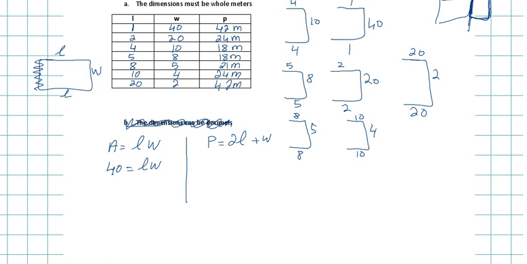So W is going to be in terms of L. If I do 40 divided by L, it gives me W, right? You agree with that? I'm going to place 40 divided by L instead of W in here.